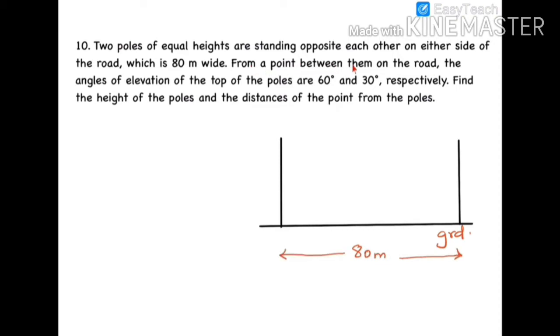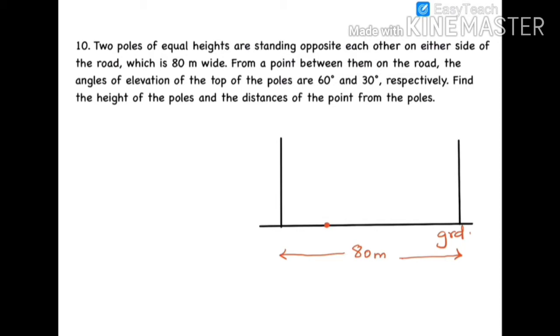From a point between them on the road, the angles of elevation of the top of the poles are 60 degrees and 30 degrees respectively. So let's consider this point somewhere over here. If we observe the top of these poles from this point, then the angles of elevation are 60 degrees and 30 degrees with respect to ground.